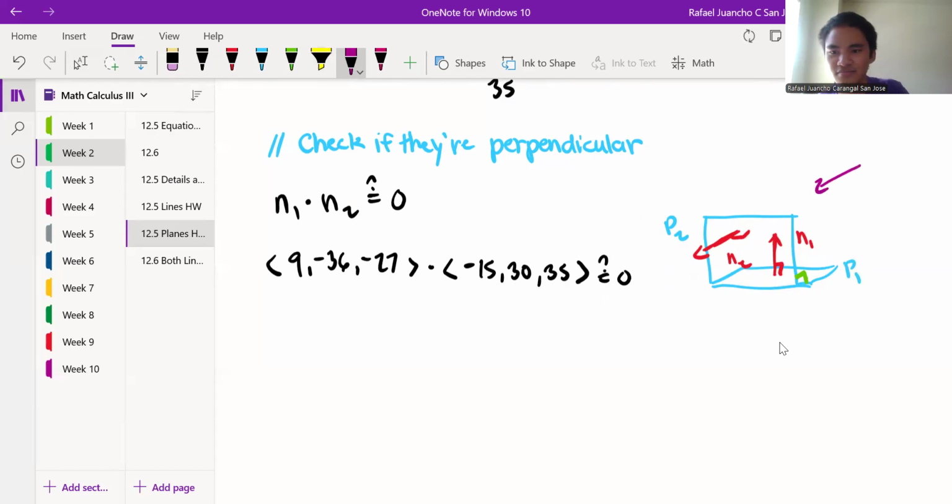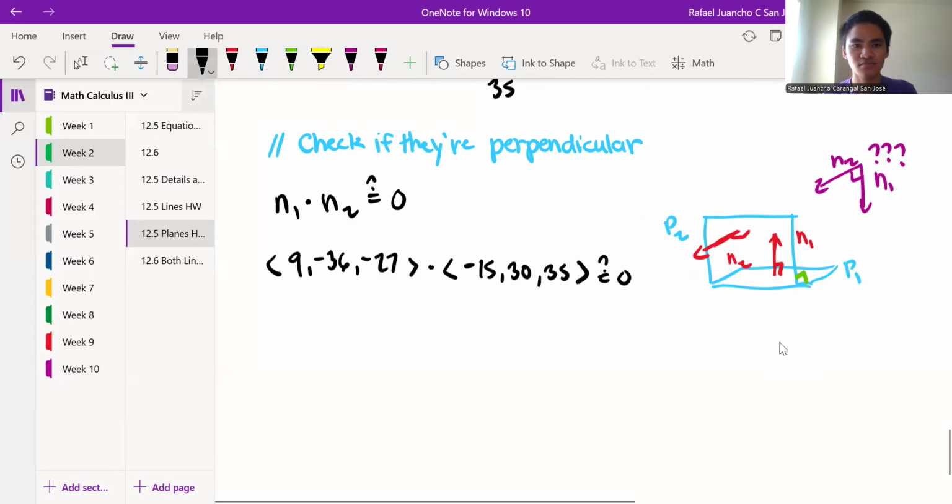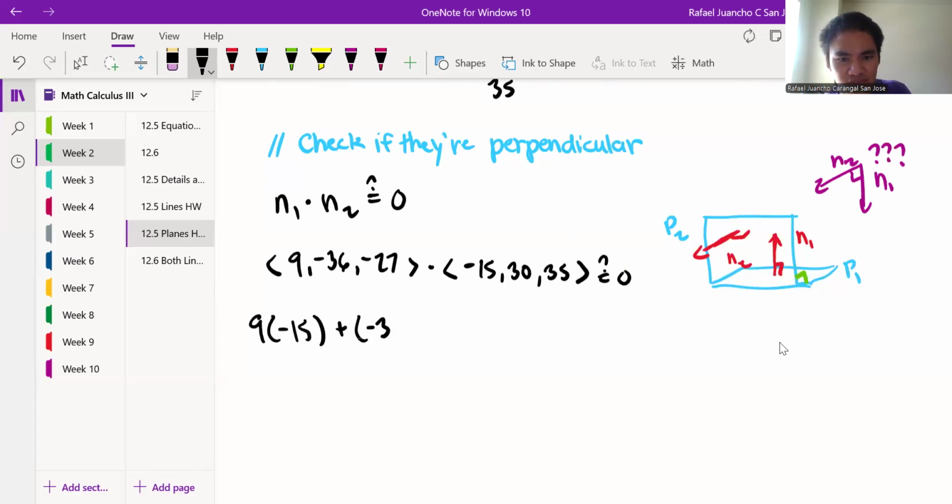N1 and N2, right? So now let's actually try. We're just doing the dot product here. Plus, I'm not super confident this is going to work because it looks kind of long.